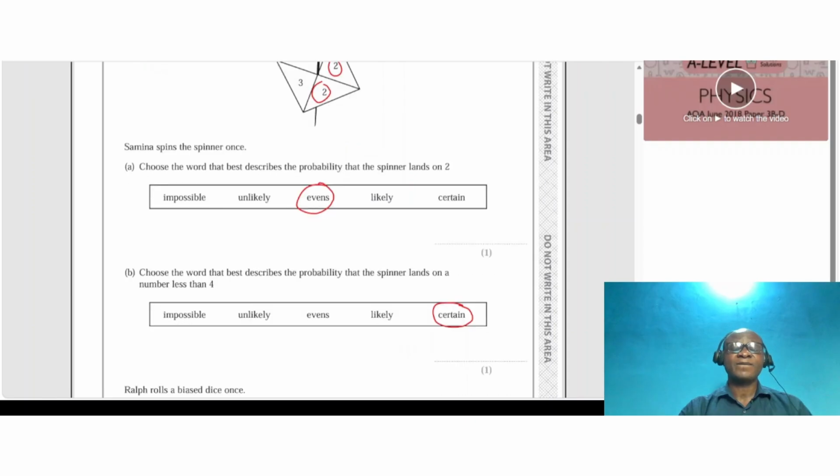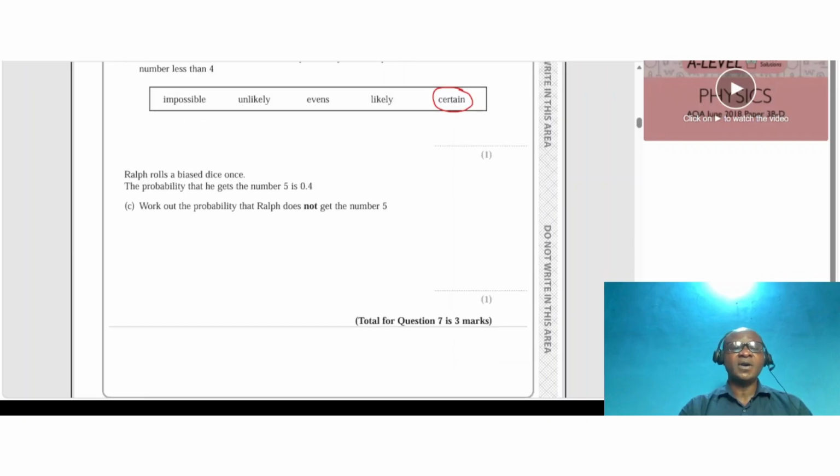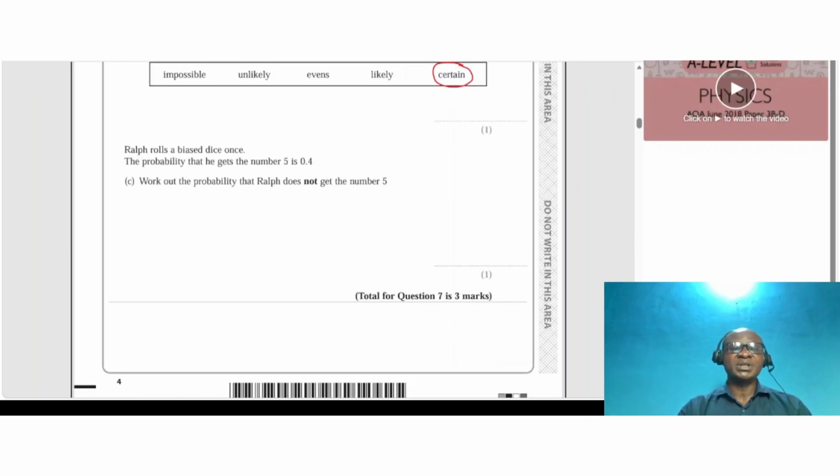Yeah. All right. Next one says Ralph rolls a biased dice once. The probability that he gets the number 5 is 0.4. Okay? Work out the probability that Ralph does not get the number 5.